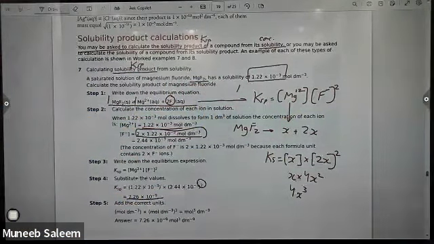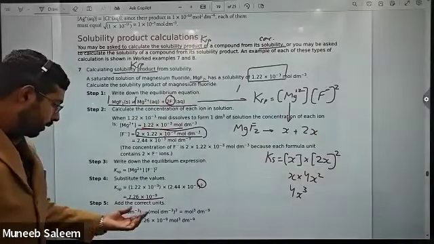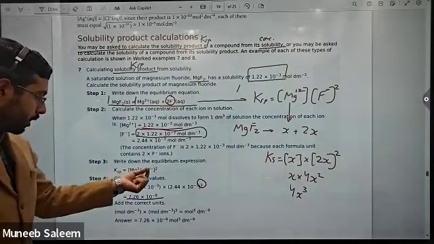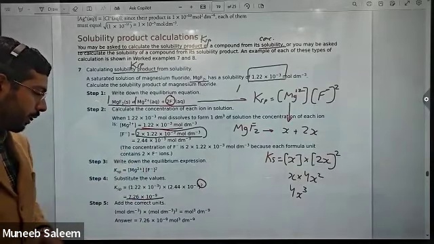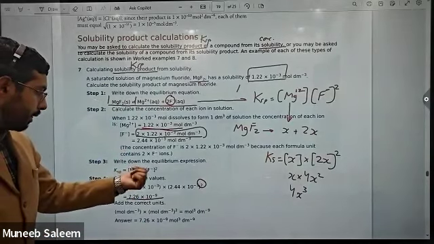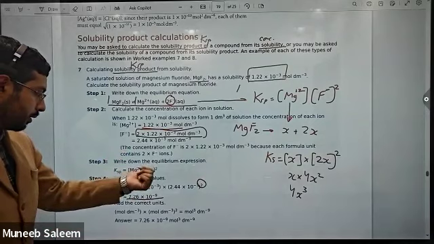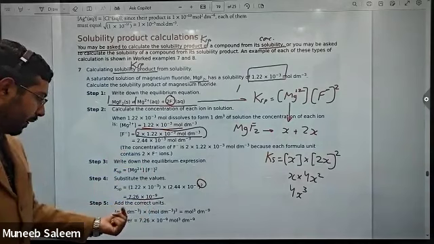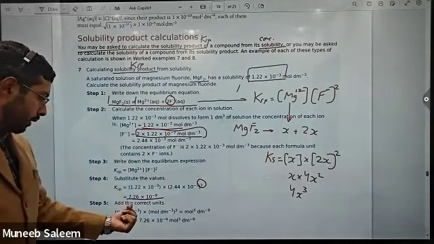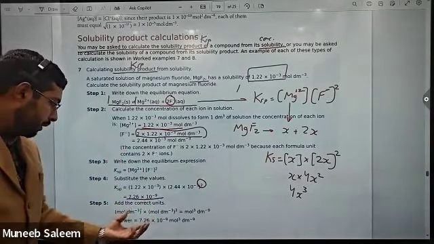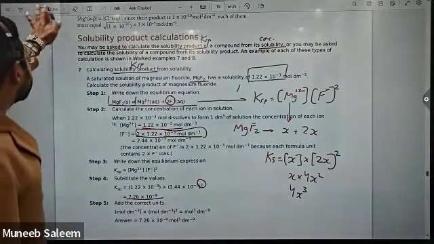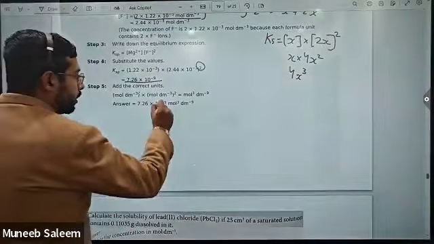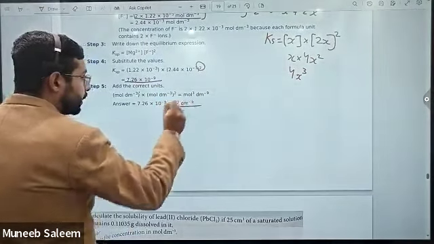Now after that, we have to find the units. So the unit will become the unit of Mg times the unit of F negative. The F negative is squared, which means it would become mole per dm cubed with square, and its power is 1. So multiplying these two, you will get this as a final unit: mole cubed dm to the minus 9.